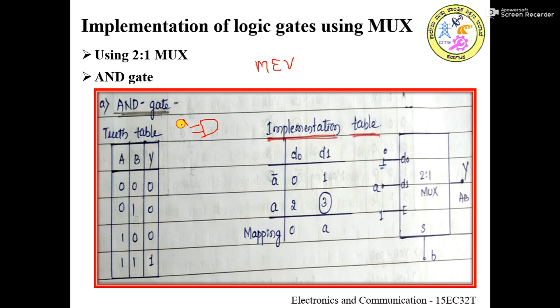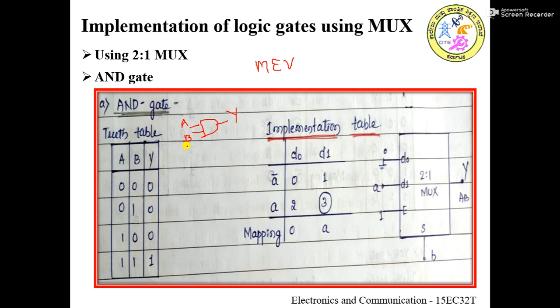Let's designate one as A, another as B, and the output is Y here. Either I can map A with the select line, or I can map B with the select line, because out of these two only one can be mapped with the select line, because the number of select lines in the 2:1 mux is only 1.